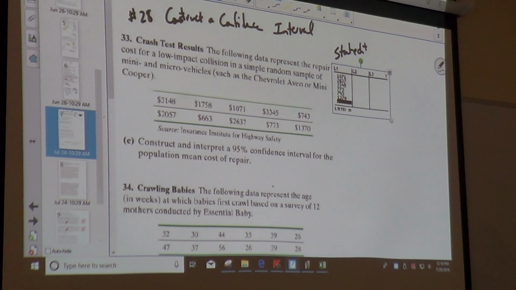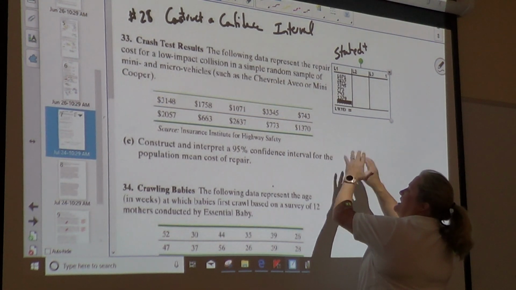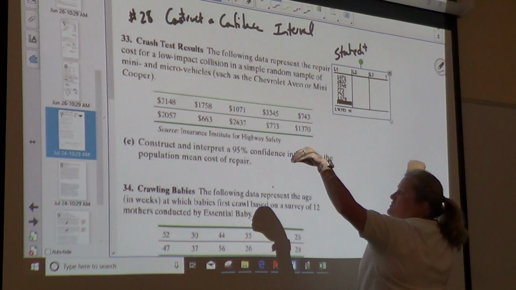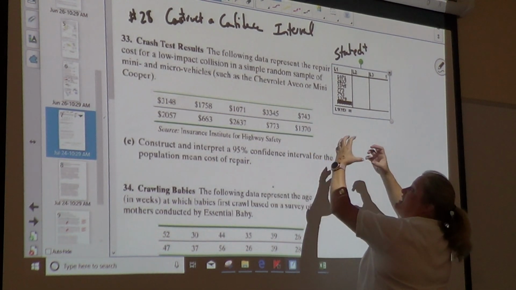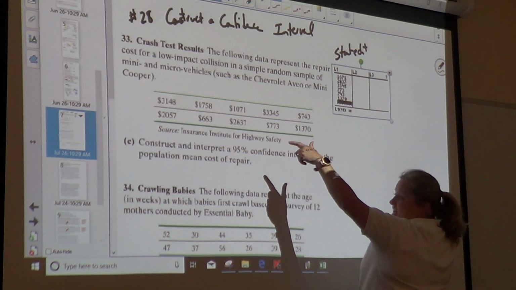Remember, when we do the confidence interval, you are doing that confidence interval off that mean and getting that standard error, so you've got to have that mean and that standard deviation, which we don't have. So to get the mean and the standard deviation, we've got to go to 1-var stats.